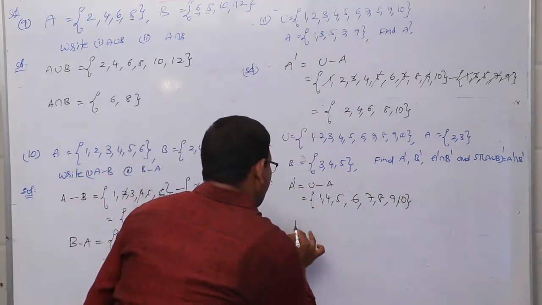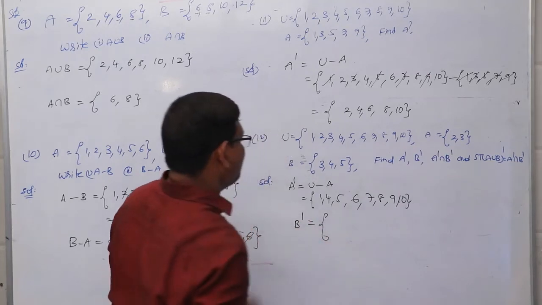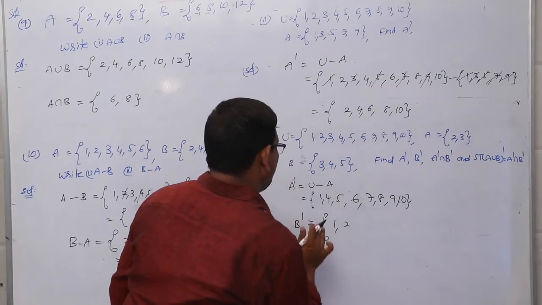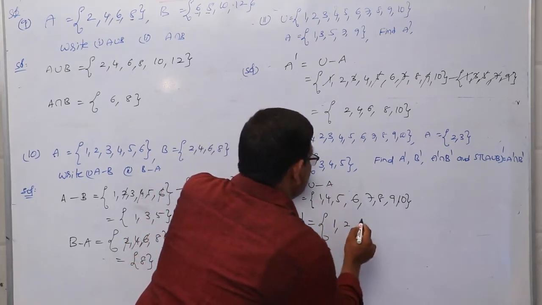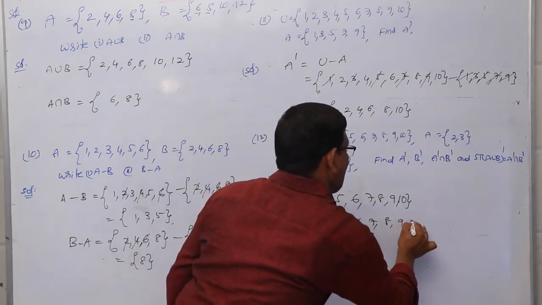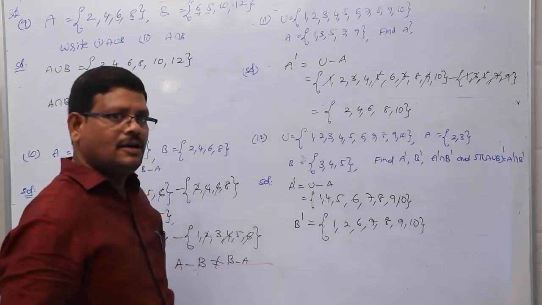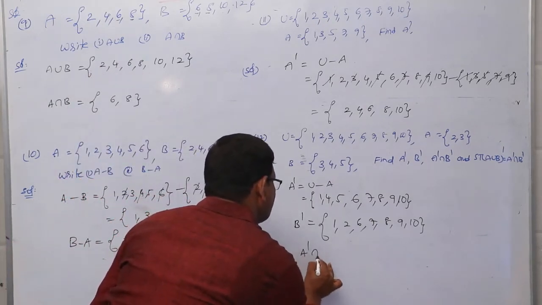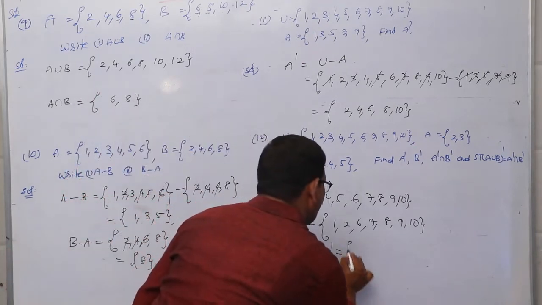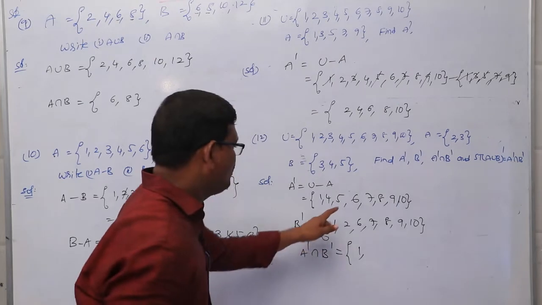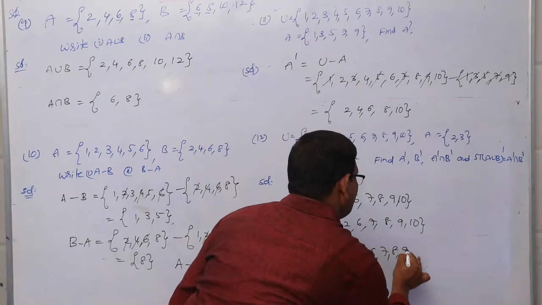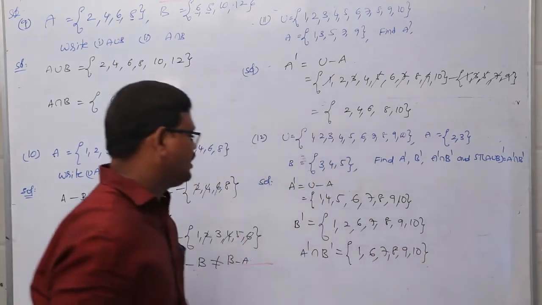And B dash, removing {3, 4, 5}, equals 1, 2, 6, 7, 8, 9, 10. And A dash intersection B dash, what are the common elements here? That equals 1, 6, 7, 8, 9, 10.